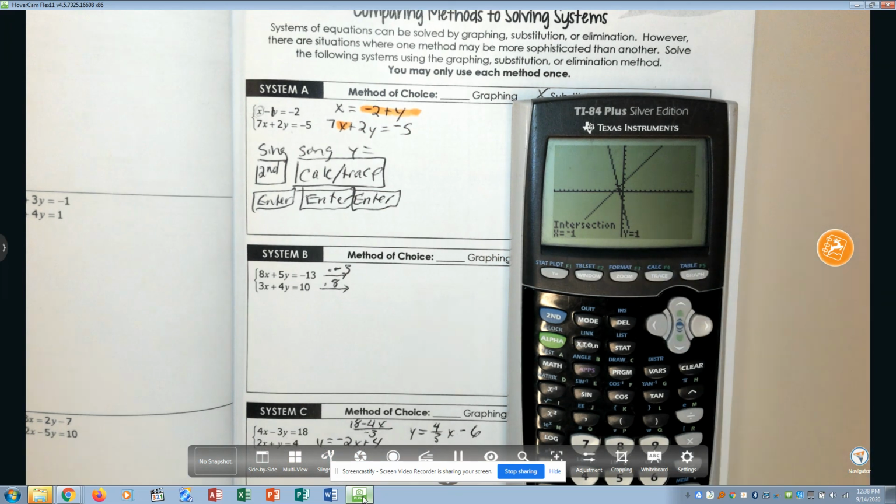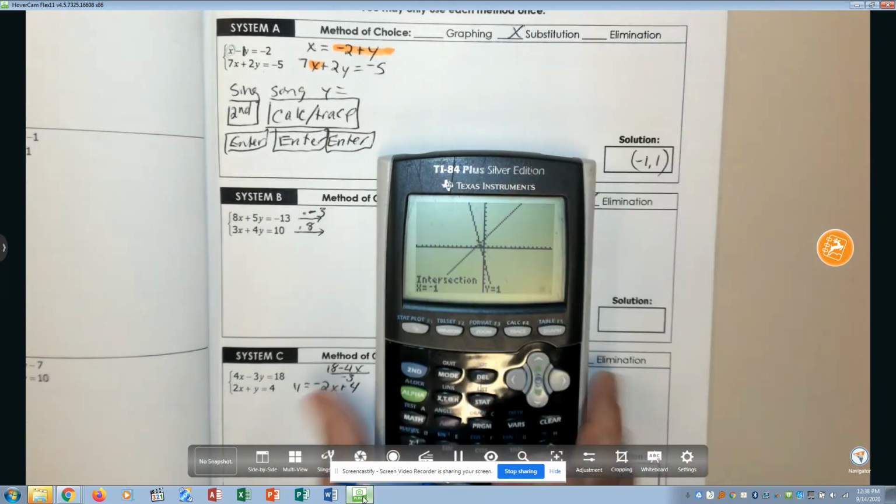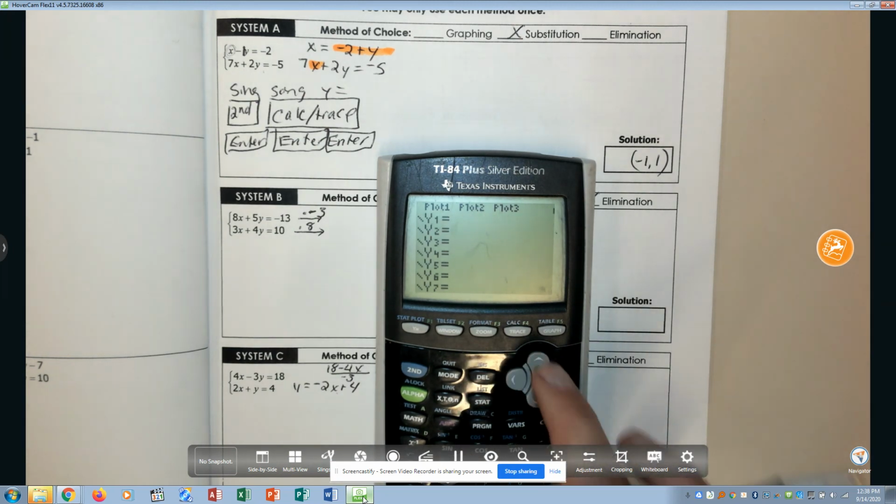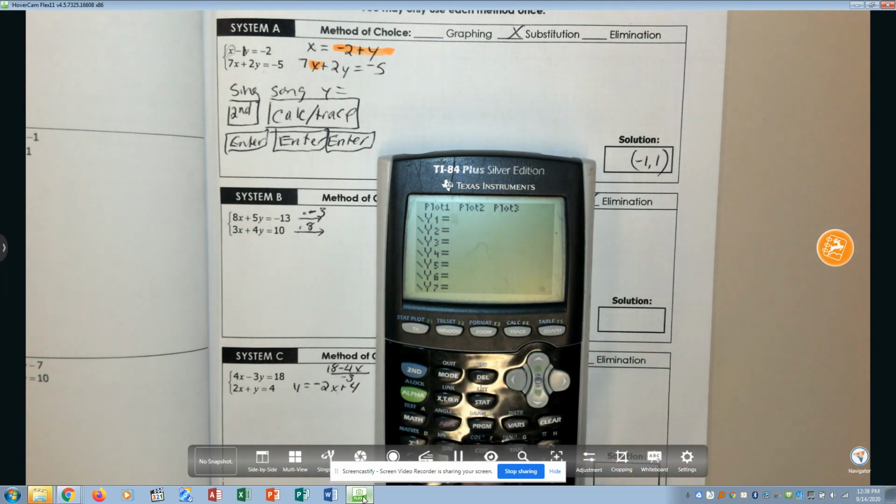All right, let's do it for system B. So I have to clear. So start with parentheses, -13. Now sing the song. Subtract the x term, divide by the coefficient of y. Second one. Subtract the x term, divide by the coefficient of y.